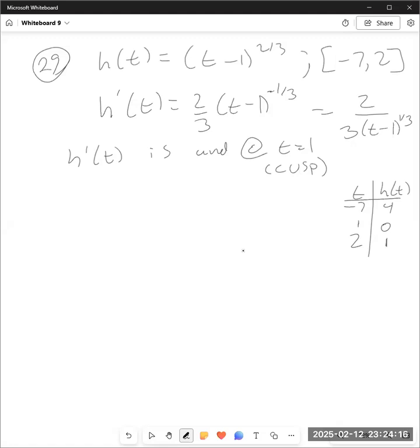So we have an absolute min at 1, 0. We have an absolute max at -7, 4.